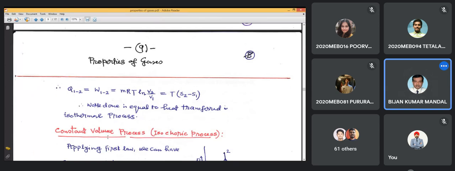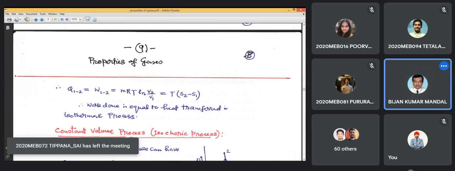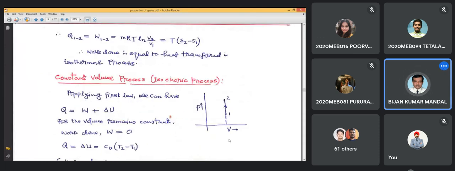Then another one is the constant volume process, which is also known as your isochoric process. Let's see what that is. This is on the PV diagram. The process is taking place from 1 to 2. There is a change in pressure, but the change in volume is 0.